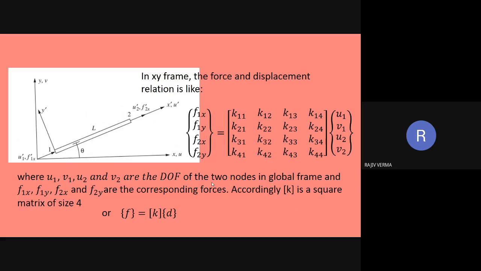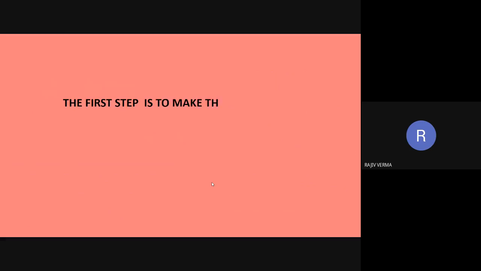So the first step which we take in this process is to make the two stiffness matrices of equal size. That means we are somehow going to modify the local stiffness matrix, which is of size 2 by 2.